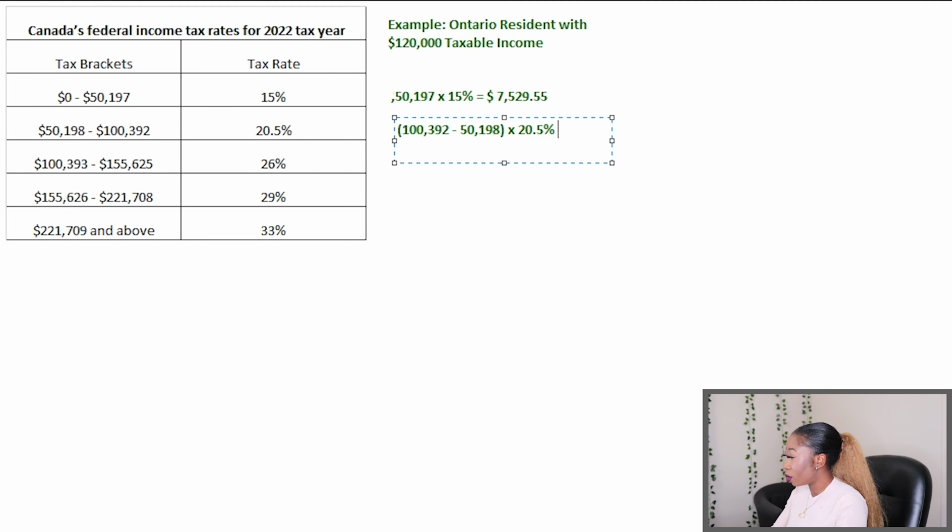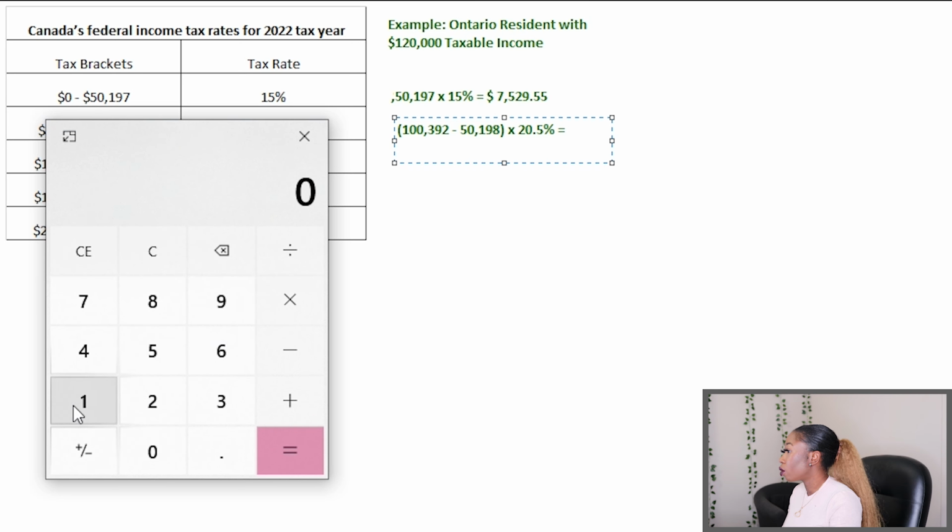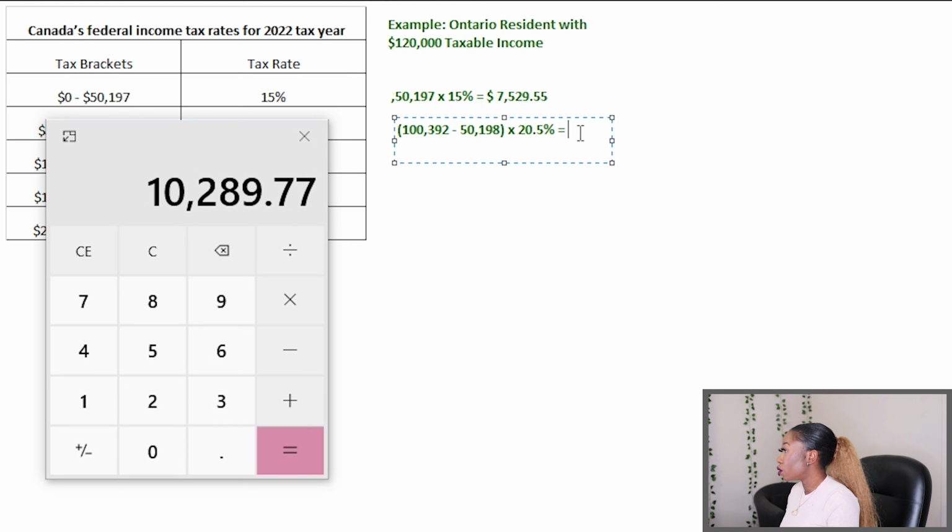Okay, and we are going to have, bring up my calculator again, 100,392 minus 50,198 multiplied by 0.205. So this would be 10,289.77.